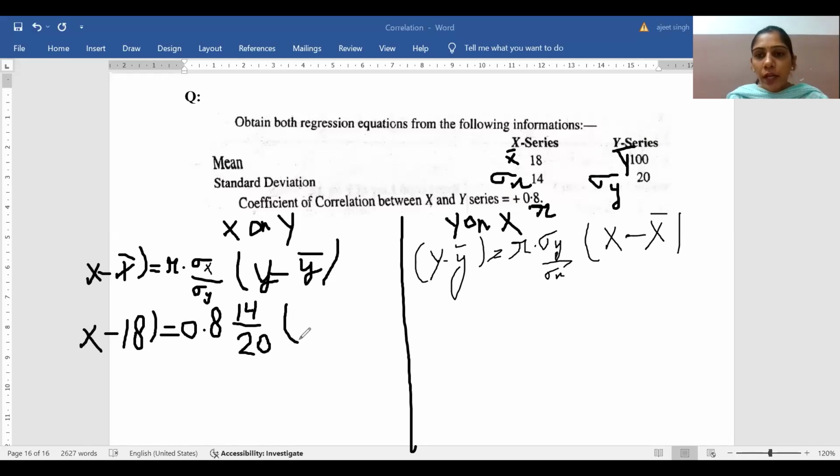Then y minus y bar, where the mean of y is 100.